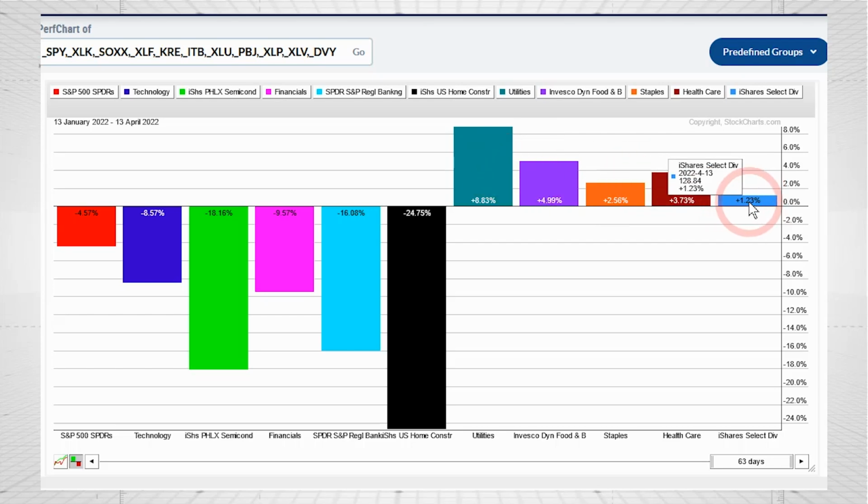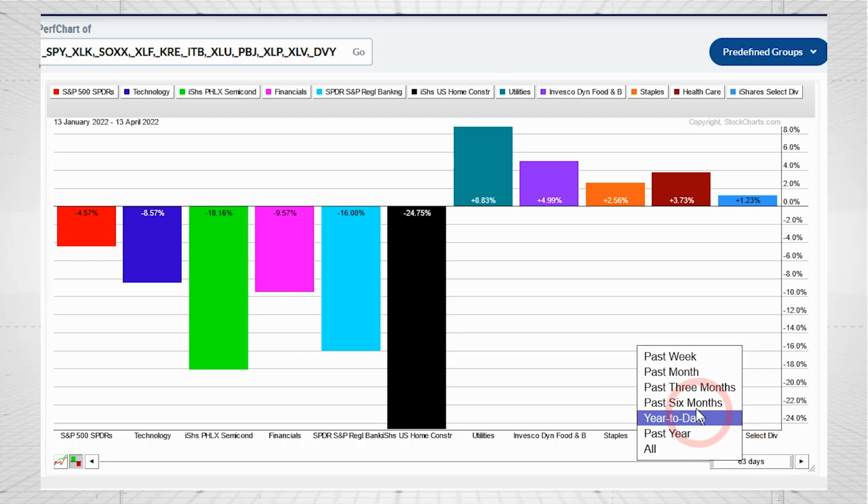So the defensive groups are not only leading, but they're actually positive. And the offensive groups are not only lagging, but they're negative. I'm not usually concerned when defensive groups outperform as long as the offensive groups are up. But the offensive groups are down and actually trending lower. And the SOX semiconductors actually exceeded its March low during the April decline over the past week. So that is negative, these semiconductors lagging.